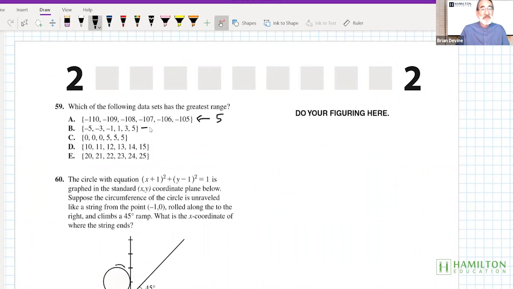If we look at the second, the range here would be 5 minus negative 5, which is 10. So B is looking good right now. The range here would be 5 minus 0. The range here would be 15 minus 10. The range here would be 25 minus 20. And so B was the largest spread between the highest and the lowest, which is the definition of range. And so the largest range would be B.